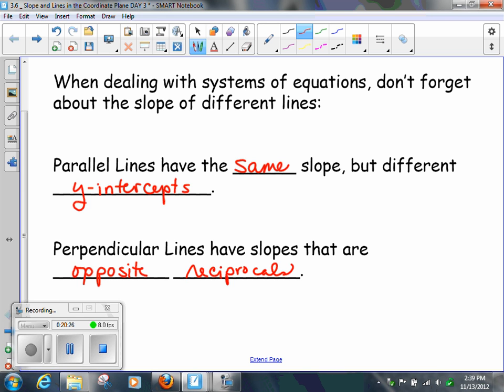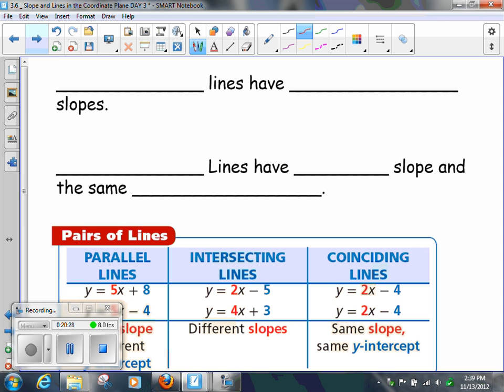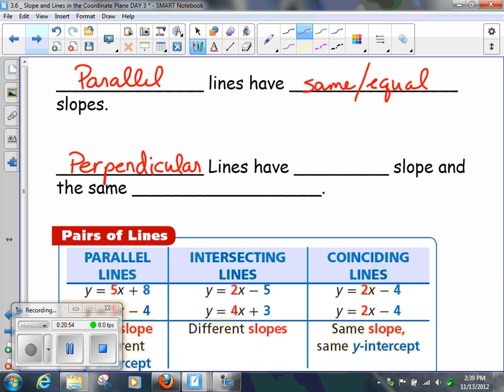And we've already talked about that. Restating the same thing we just did. Parallel lines have the same or equal slope. Perpendicular lines have, no, wait. I got it backwards.